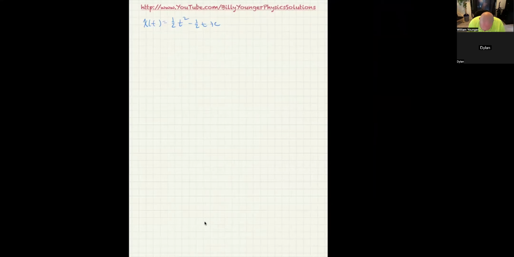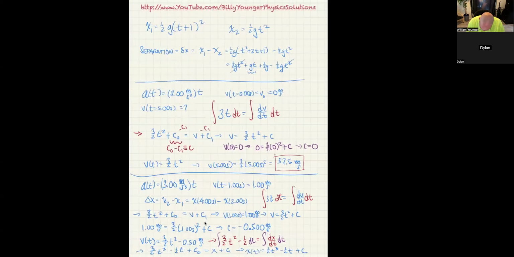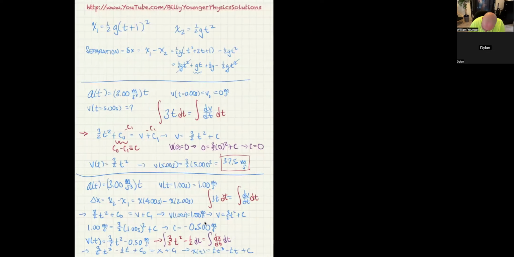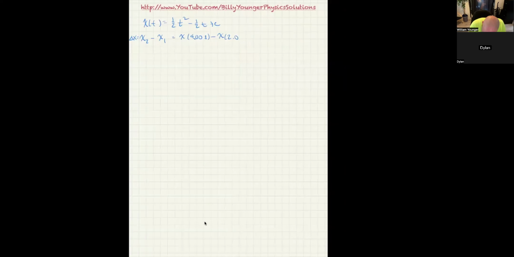And what they're asking us for specifically was the displacement. So they want x2 minus x1, which I said was delta x, which I also said was x of 4.00 seconds minus x of 2.00 seconds.